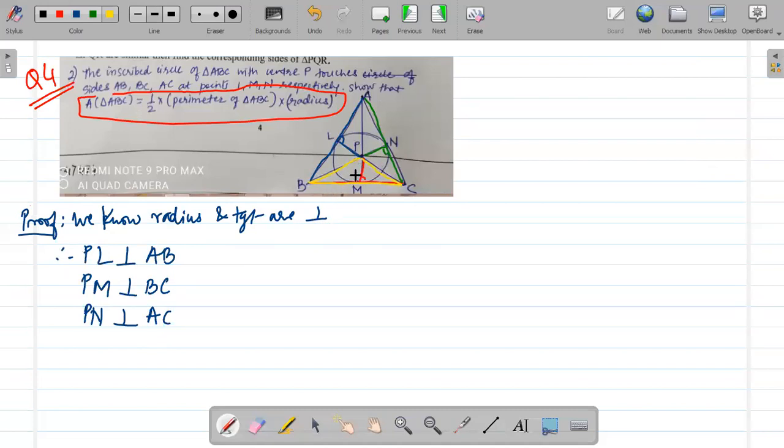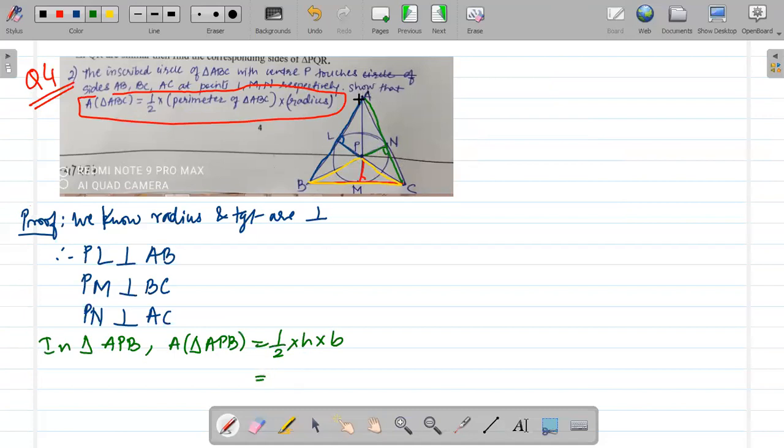So let's find out the area of this triangle, and we will call that equation 1. We'll move to the second triangle and then the third triangle. That will give us 3 equations. Let's do that. In triangle APB, the area of triangle APB will be equal to half times height times base, correct?